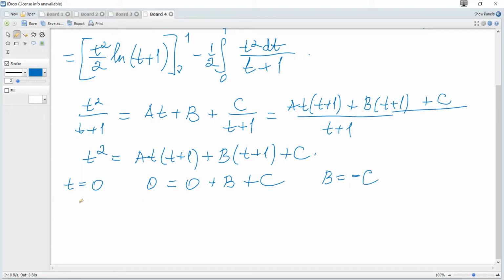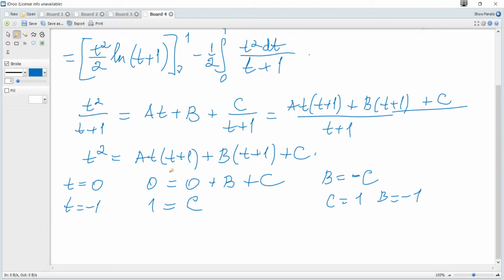And let t be negative 1, so it becomes negative 1 squared, which is 1, equals 0 plus c, so c is 1, hence b is negative 1.